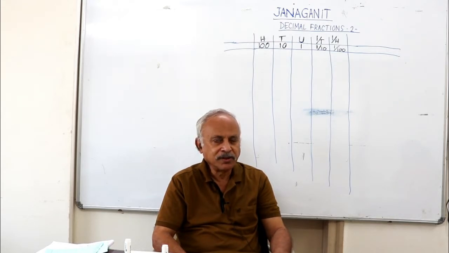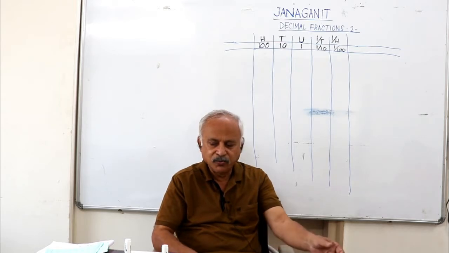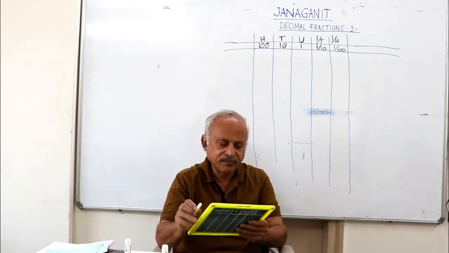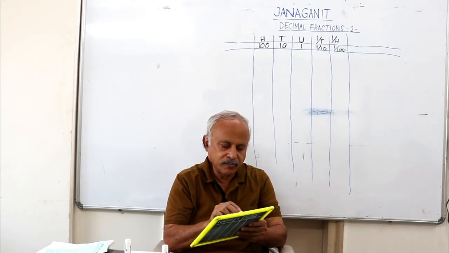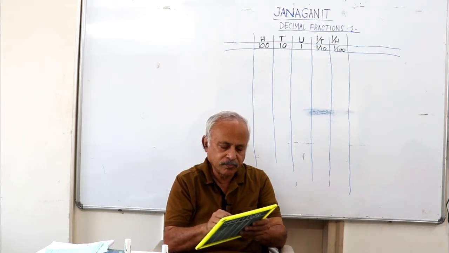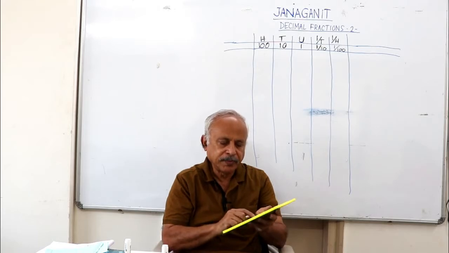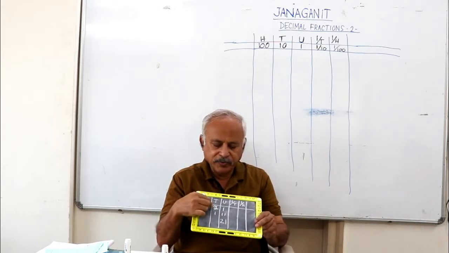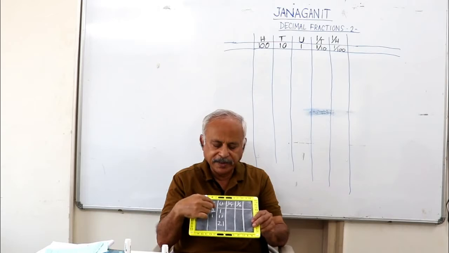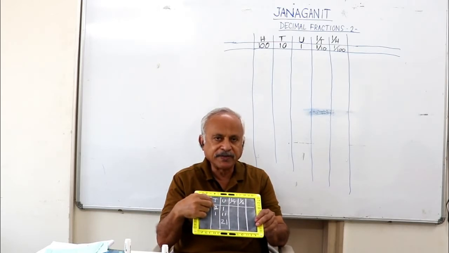Now I am going to give you some problems, and I am going to use a new word. What you have written here, this 21, where there are two tens and one 1, I am going to call this the tight form.